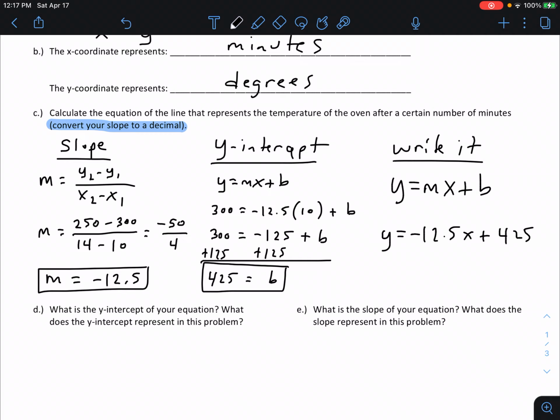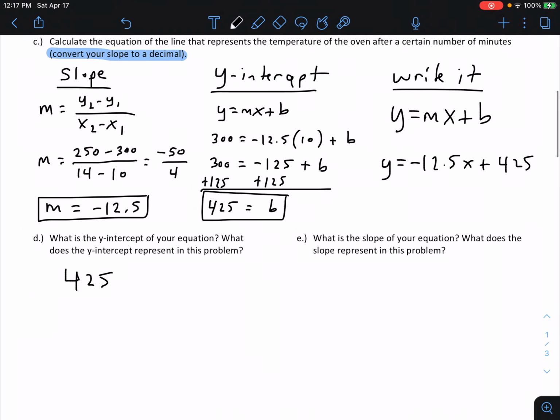Okay? All right, so now for these next two, instead of going to a whole bunch of work to find the y-intercept in part D, I'm just going to remember, hey, I just found the y-intercept. It's 425. And what does that y-intercept mean?